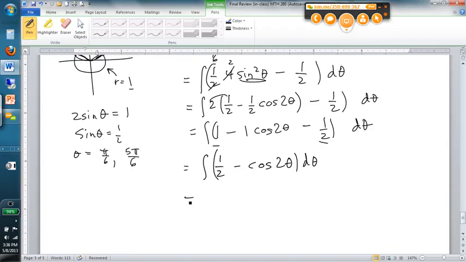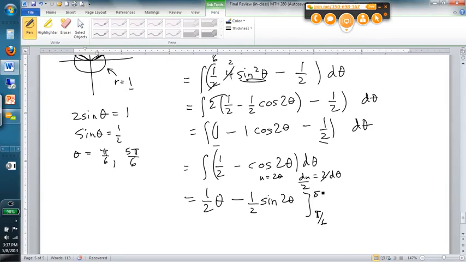Well, the antiderivative of 1/2 is 1/2 theta, minus cosine 2 theta, well, that's just a little u substitution. So it's going to be 1/2. The antiderivative of cosine would be sine of u, but that's 2 theta. So I want to go there from pi over 6 to 5 pi over 6.